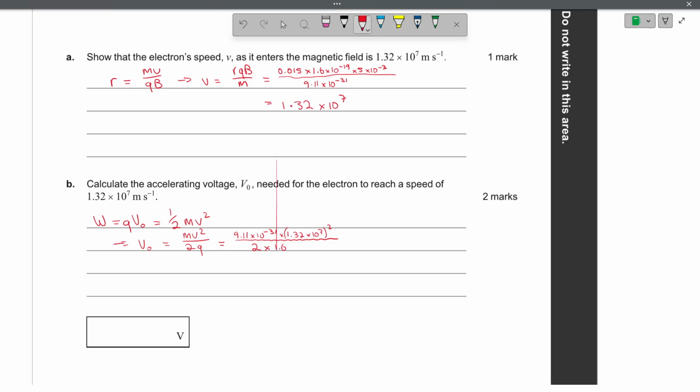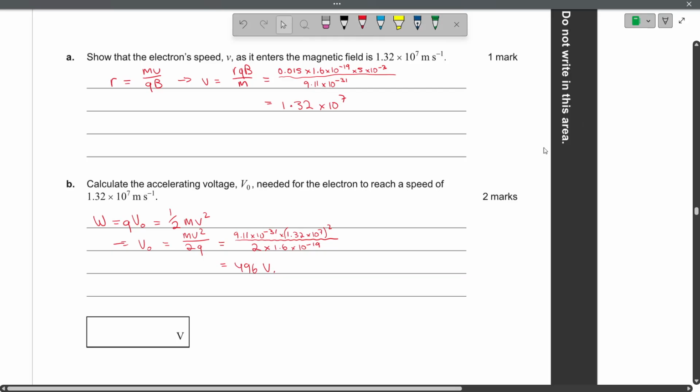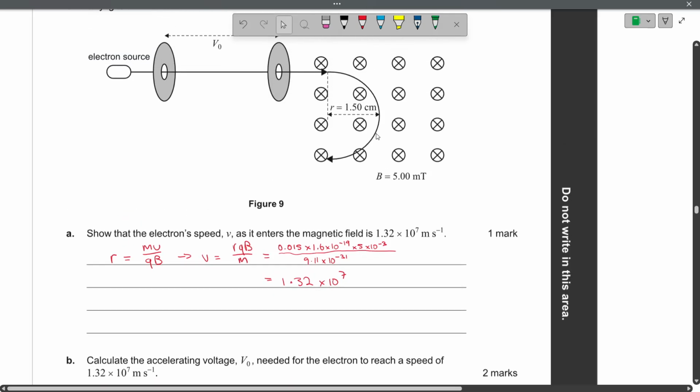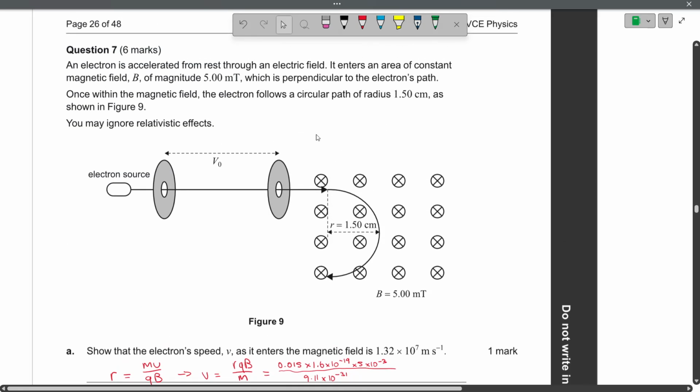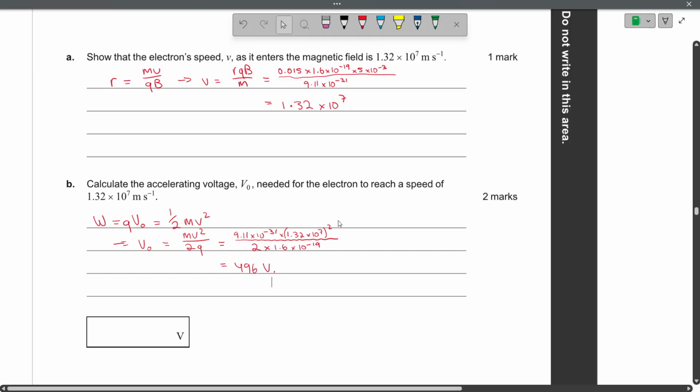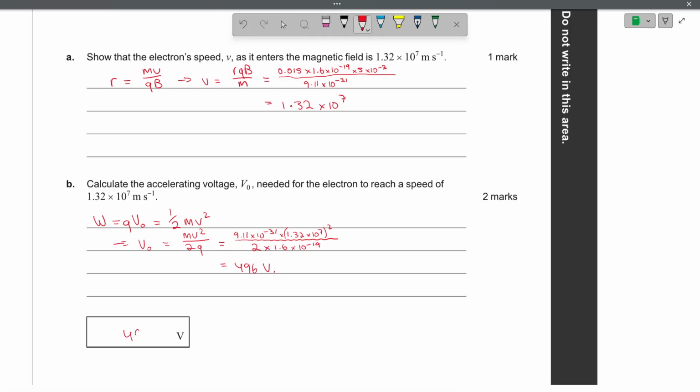Put all that in a calculator and you end up with 496 volts, roughly. For significant figures, there are 3 in each value, so we'll just leave it as 496. I wouldn't round up to 500 there.